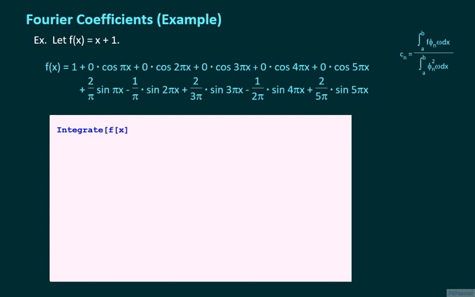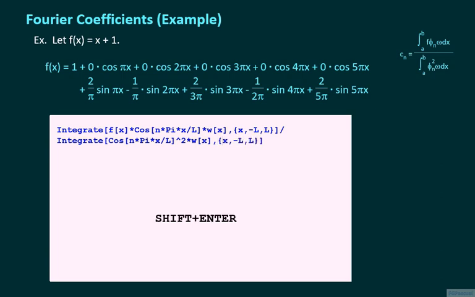So we integrate f of x times cosine n pi x over L times w of x, again, x going from minus L to L. And then we divide by the integral of cosine n pi x over L squared times w of x, and then x goes from minus L to L. Press Shift-Enter to evaluate. And here we have the general formula for the a sub n's.